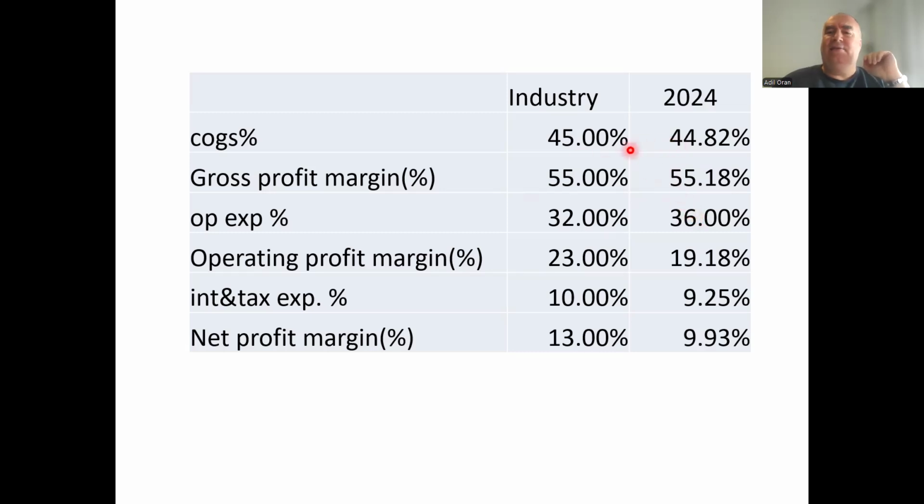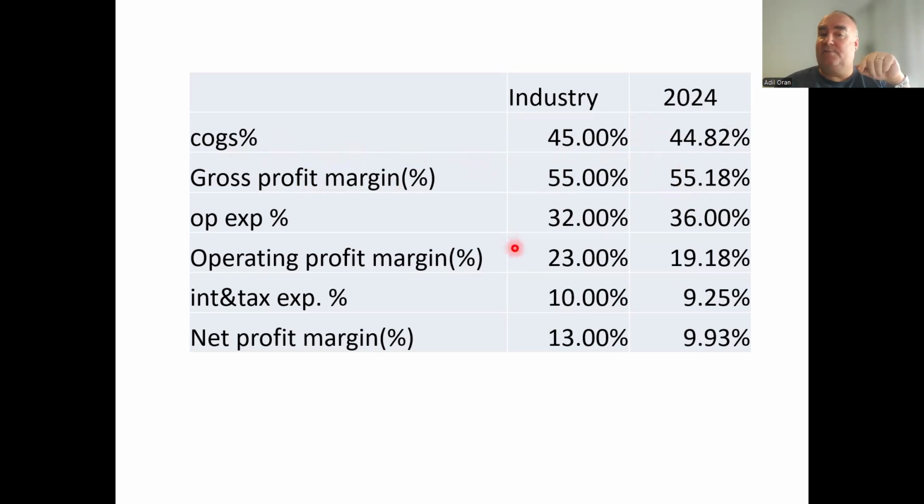But honestly, this small of a difference is not very crucial, not very interesting. So if I was looking at this data, I would basically say that the performance of the industry and the company are quite similar with respect to cost of goods sold control. So, no big advantage or disadvantage in the cost of goods sold and gross profit.